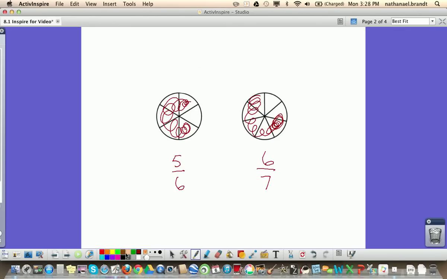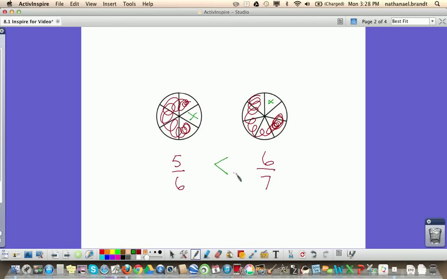So, this piece right here is bigger than this piece right here. That means this fraction, this pizza, is further away from the whole amount than this one is.